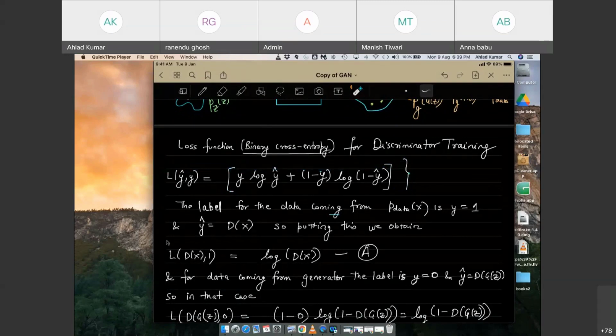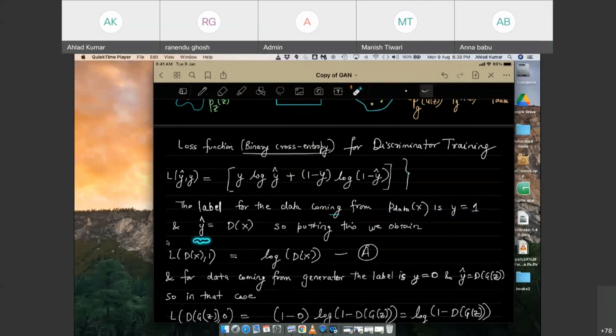Now the important thing is, if we are considering the discriminator training, the data that is coming from P data of X, which is the original distribution, has the corresponding labels y equal to 1. We all know that because this is the real data, and whatever labels are there with that distribution, we are putting as y equal to 1.